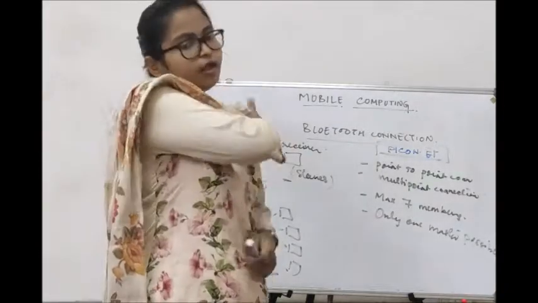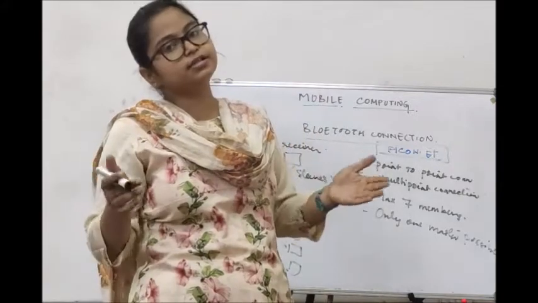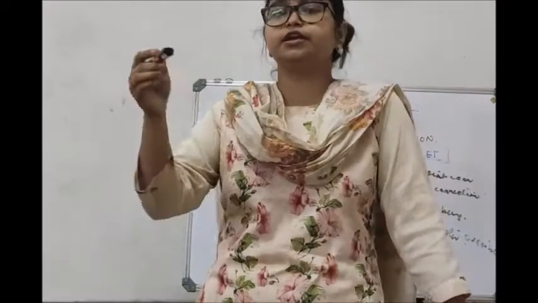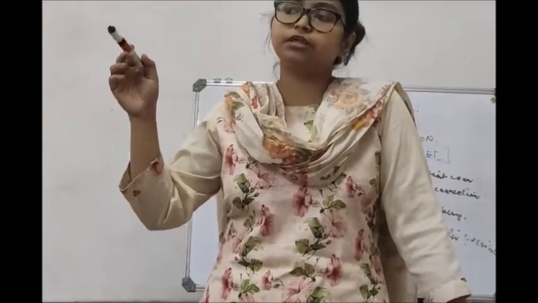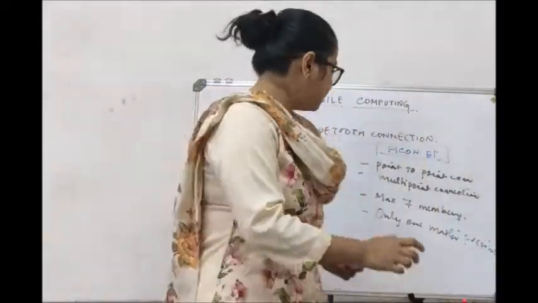Now, a Bluetooth connection can also be extended. You may say, ma'am, currently I am sending data to my friend, and at the same time there may be another connection in the periphery, where someone might be a slave.